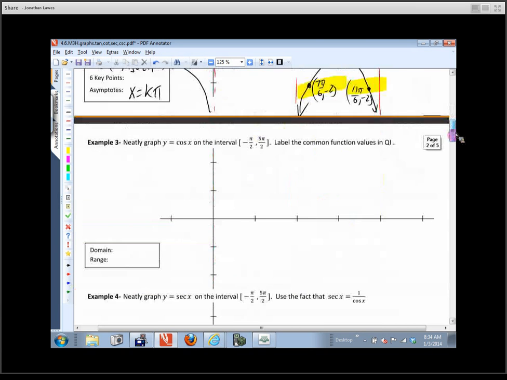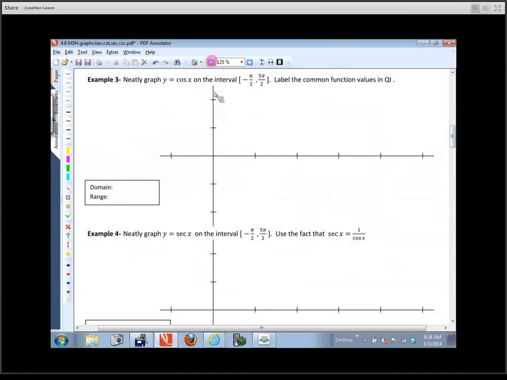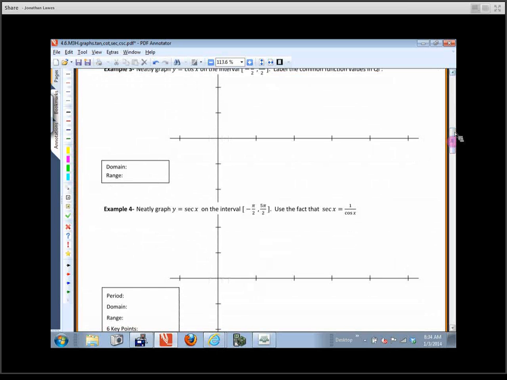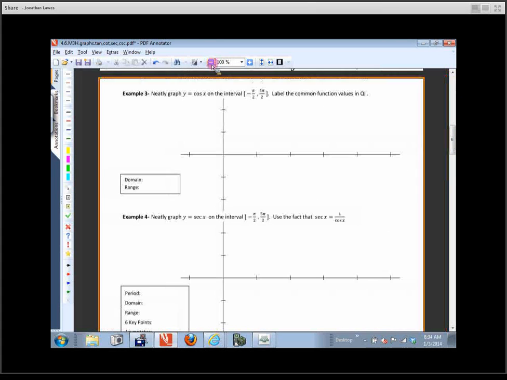Okay, let's go ahead and flip the page over then. We're going to do the same thing for cosine and secant. So I'm going to graph the cosine function from negative pi halves to 5 pi halves. This one starts here, goes down like this. And I'm hoping we can make this a lot quicker.